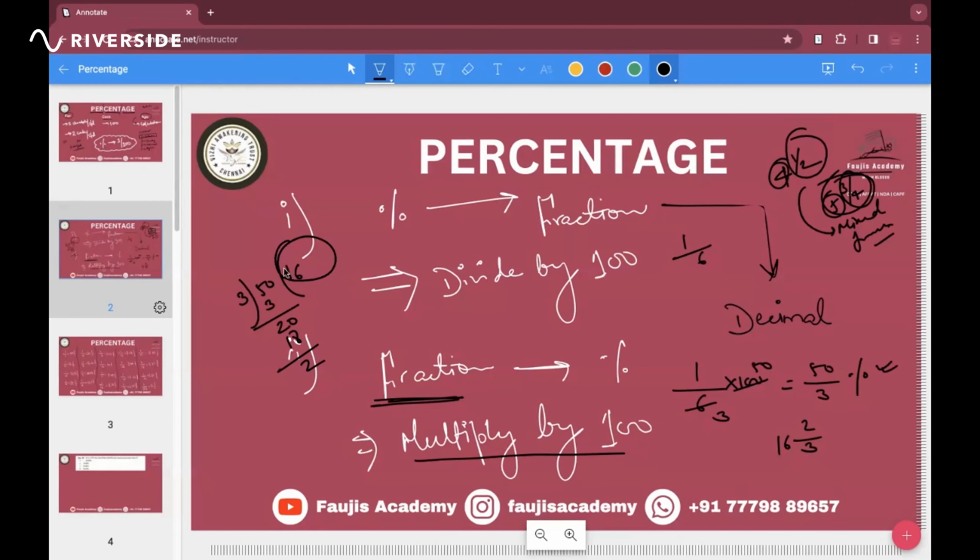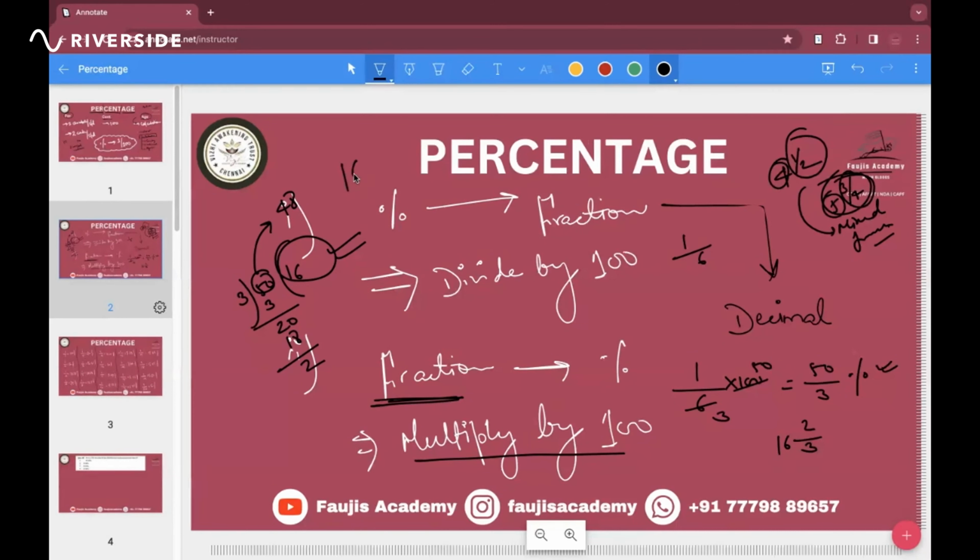Had this number, instead of 50, been 48, we would have just written 16, isn't it? But we do not have 48 here. We have 50 here.